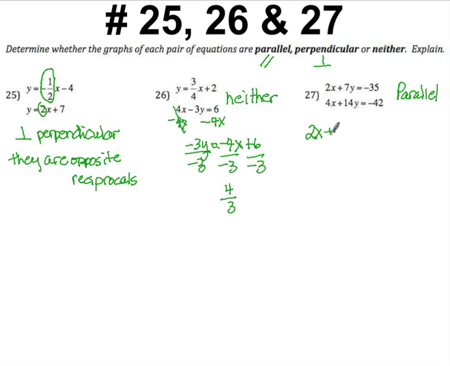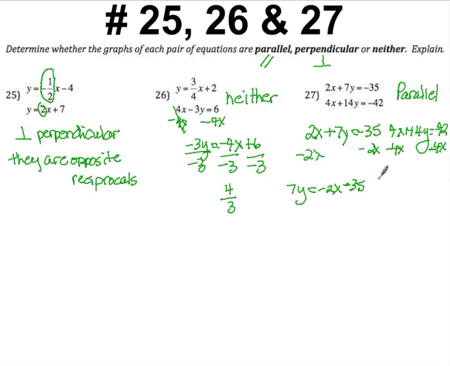So I get 2x plus 7y equals negative 35. This one is 4x plus 14y equals negative 42. The pen's not cooperating. So I get minus 2x, minus 2x. I'm going to subtract the 4x at the same time. We'll just solve both of them simultaneously. So I get 7y equals negative 2x minus 35 here. And then here we get 14y equals negative 4x minus 42.